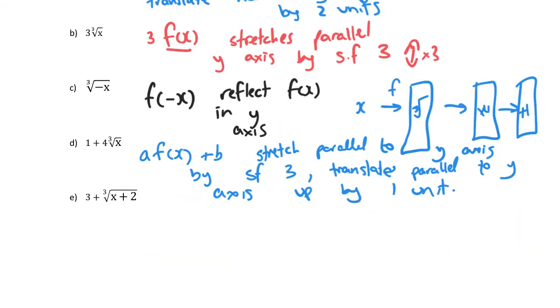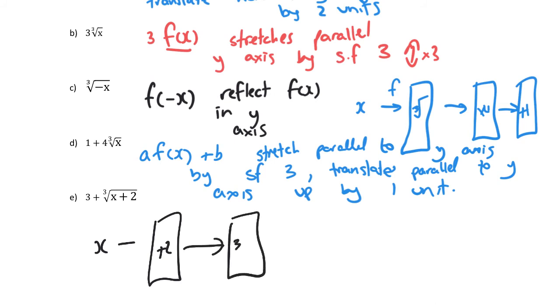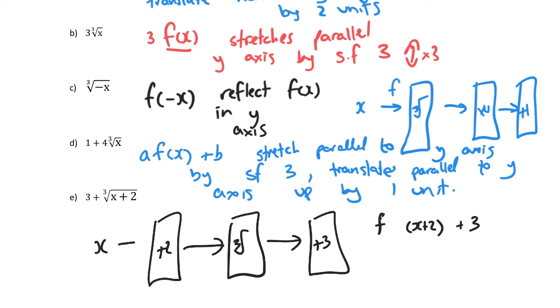And then example E, what we've got is our x. The first thing we're doing is adding 2 to it. And then we're doing the cube root. And then we're adding 3. So in terms of our function notation, we're going to do x plus 2, and then we're applying f, and then we're adding on 3.